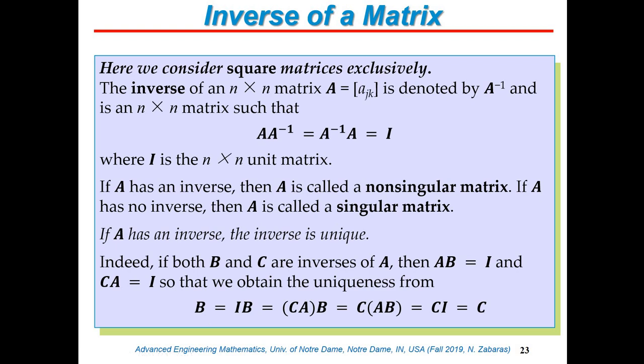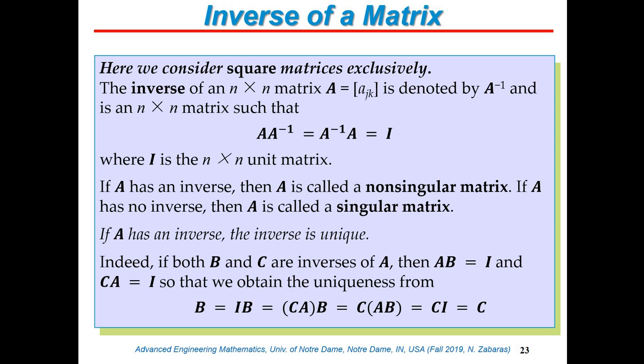So basically what I do is I say B is the same as the identity times B. The identity, I write it as C times A times B, and then I move the parentheses to AB, but AB is equal to I, so B equal to C. Okay? So if an inverse exists of a square matrix, that inverse is unique.